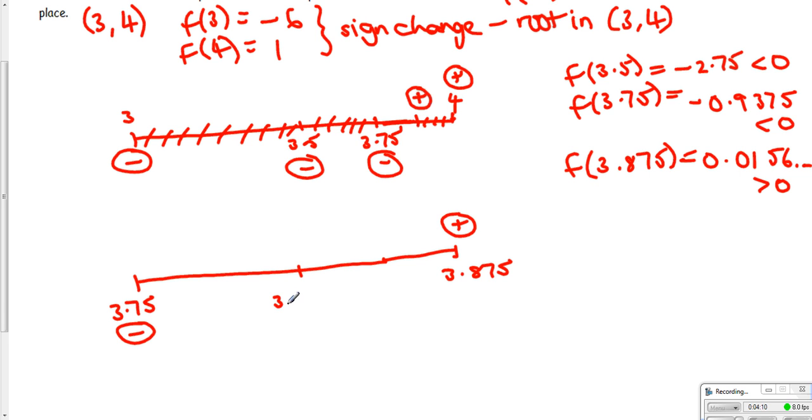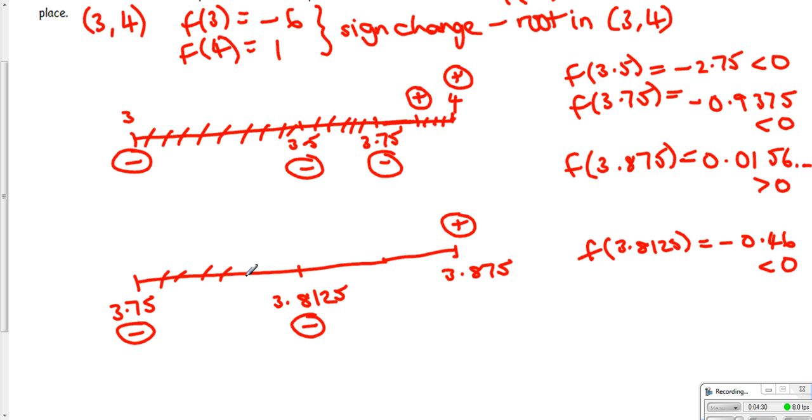Midpoint of this one, 3.8125. Try that. And if you try that, I got a negative answer, minus 0.46 or so. Negative. So again, we're looking for a sign change, so this half would be the one that we would dismiss.